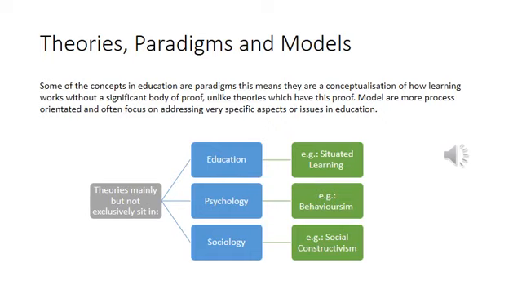Paradigms are concepts that don't have that body of proof, so they are basically just the idea or philosophy of how something works. While when we look at models in this particular context, I would name a model that is something that focuses more on a process or on addressing a really specific issue or aspect in education. And we get to that a little bit later in the presentation.